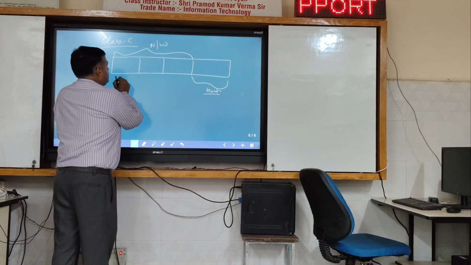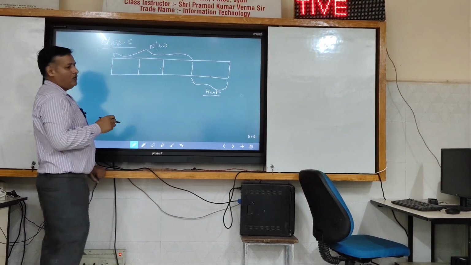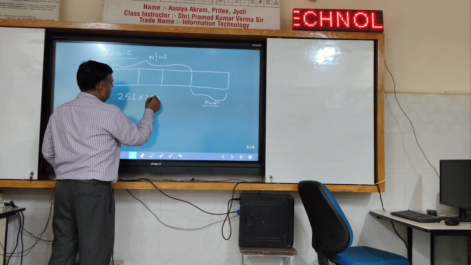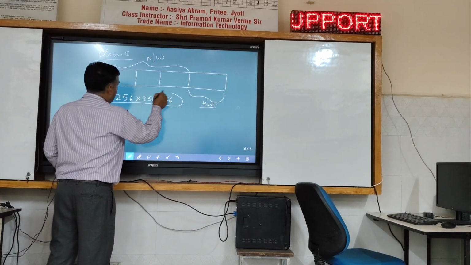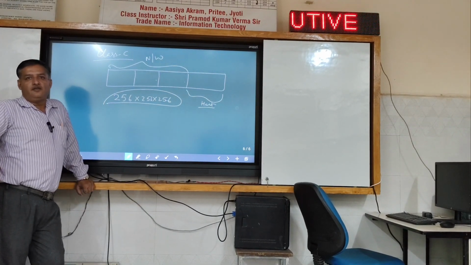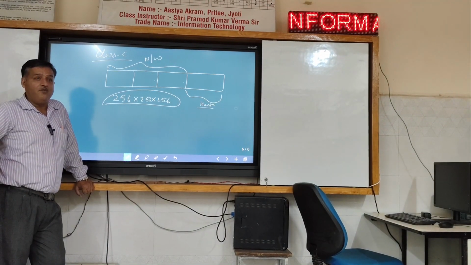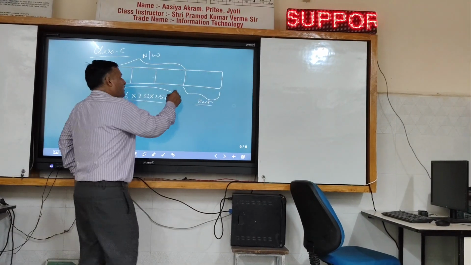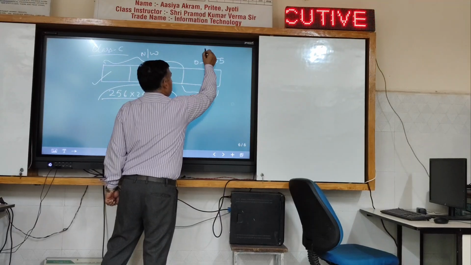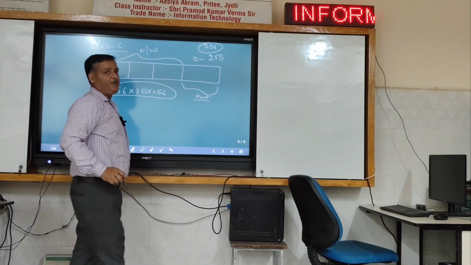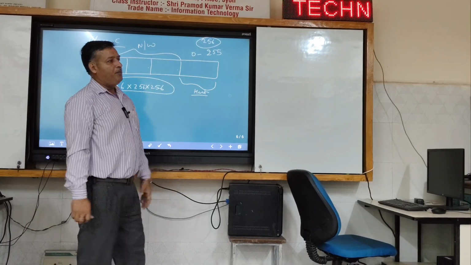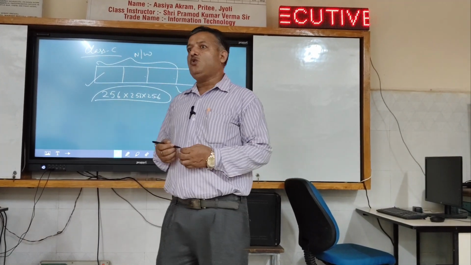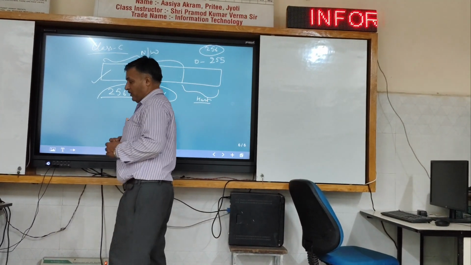Each octet is separated by a dot. That means 256 into 256 into 256, so many networks can be accommodated using class C, and only 0 to 255, that means 256 computers in total, can be there, because the concept of the network is evolving faster and faster, so more addresses are designated for the network.